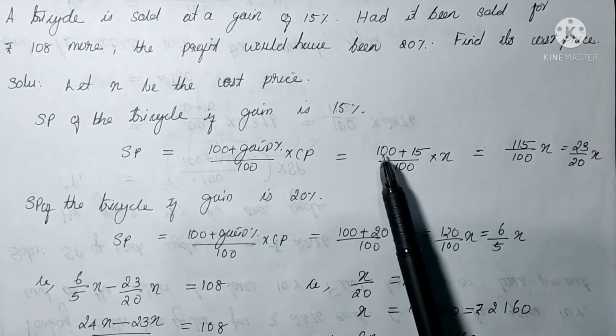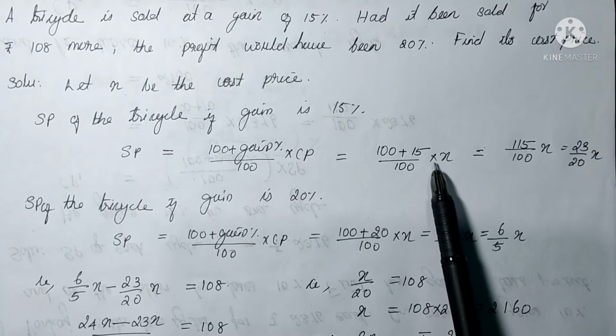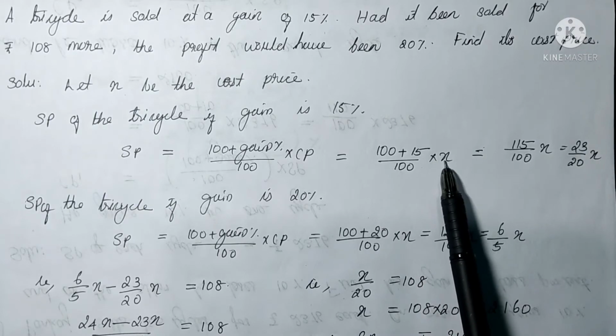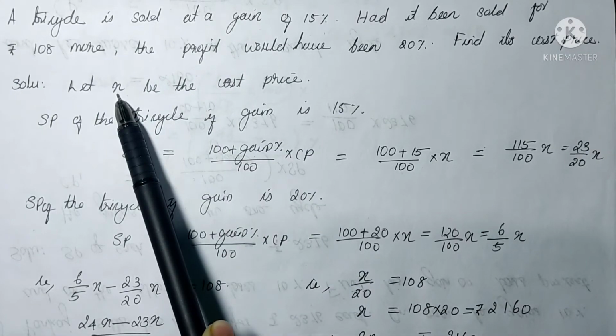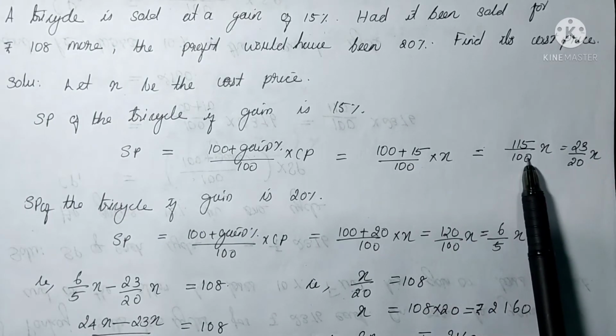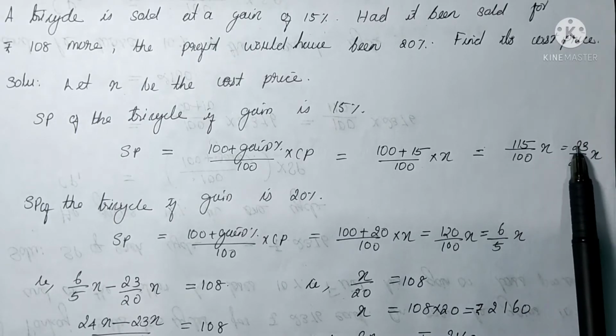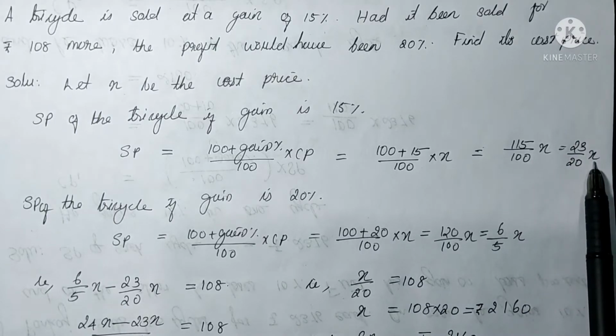This is equal to 100 plus 15 by 100 into X. Now 100 plus 15 is 115 by 100 into X, which is equal to 23 by 20 into X.